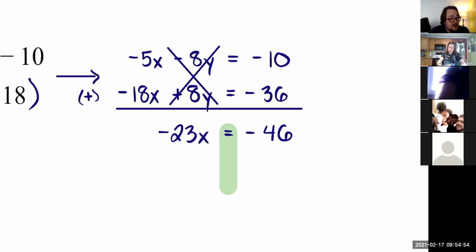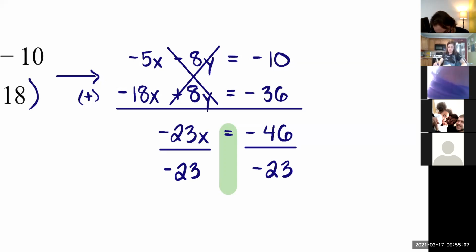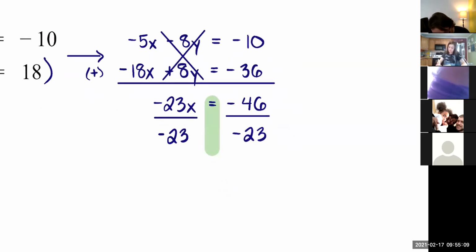All that's left now is an x, and we can solve it by getting it by itself. To do that, we divide both sides by that negative 23. So the negative 23 divided by negative 23 is a positive 1, which we hide, which makes x appear to be by itself.